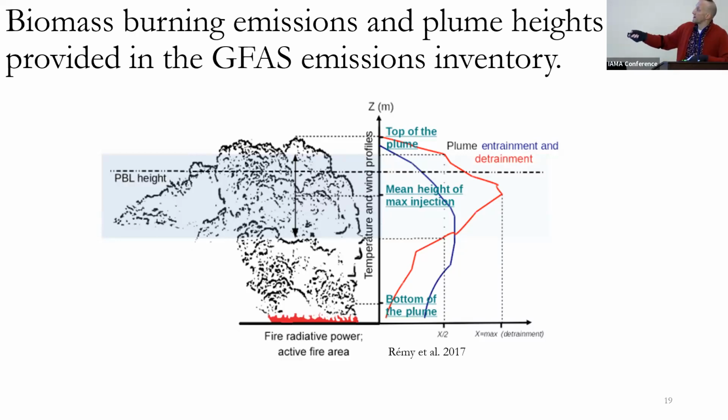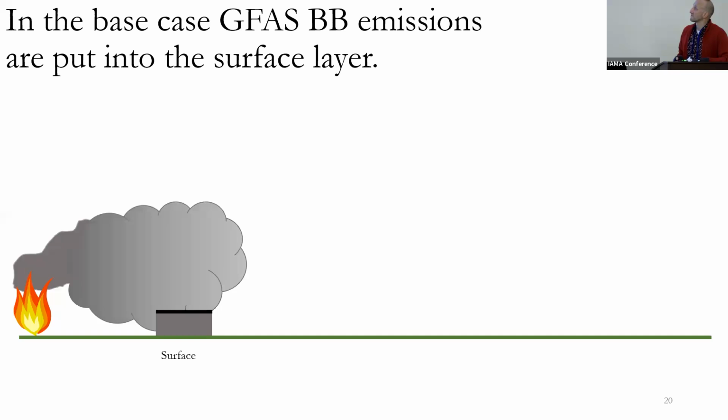And they provide an estimate of where the bottom of the plume is, the top of the plume, as well as the mean height of maximum injection, so where most of the smoke is going to be. So this is great. So we can actually just take this directly from the emission inventory now and put it into the model as an estimate for smoke injection height.